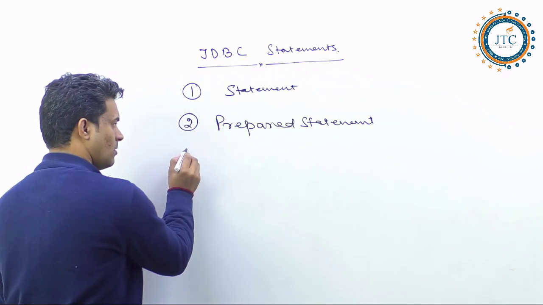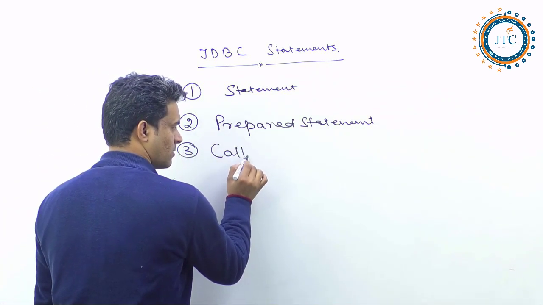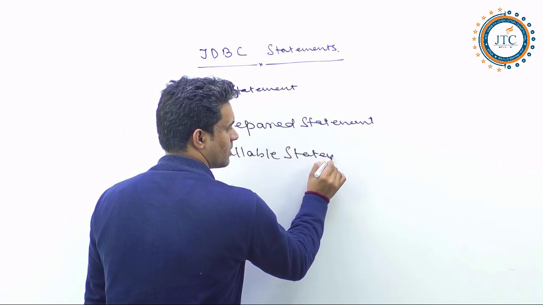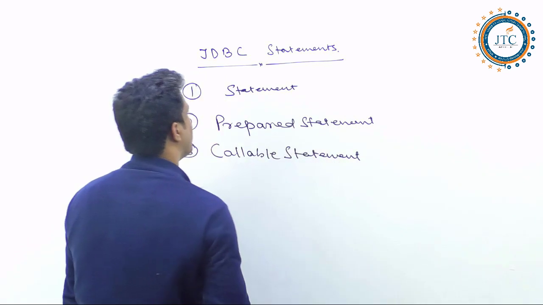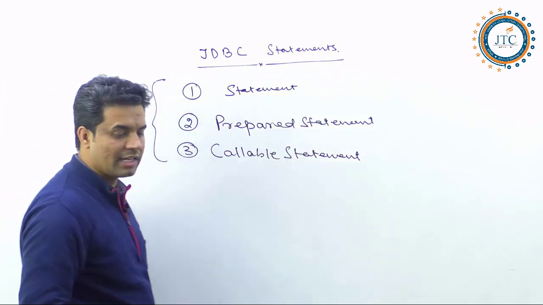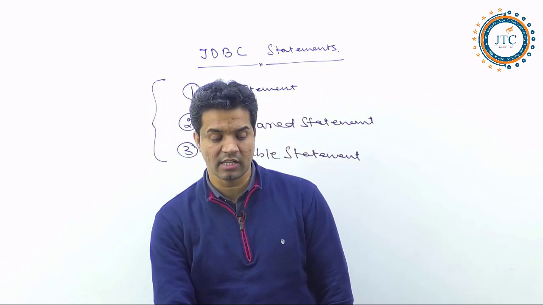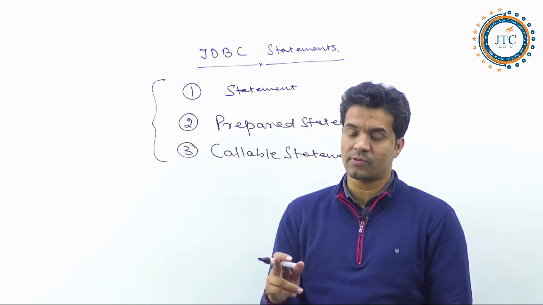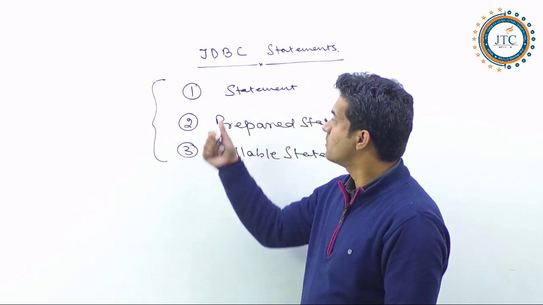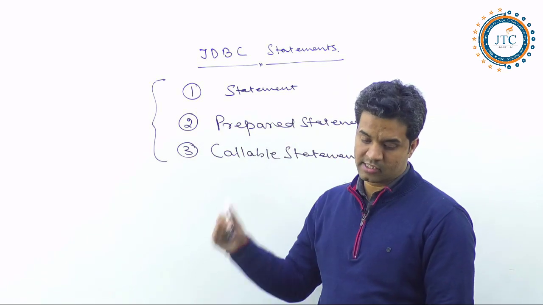And the third important one is the callable statement. We have these three different types of statements here in case of JDBC. The number one is statement, second one is prepared statement, and the third one is callable statement.